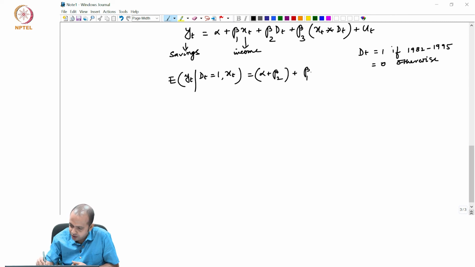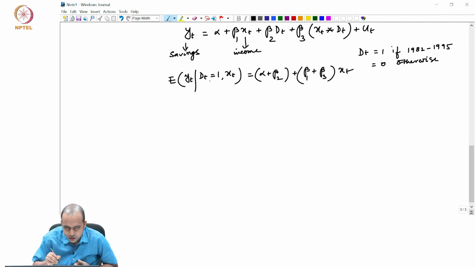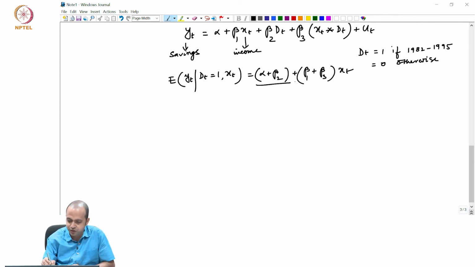So, I am adding the two coefficients and then I am writing xt. So, that means for the period 1982 to 1995, this is my saving income relationship with intercept equal to this and slope equal to this.